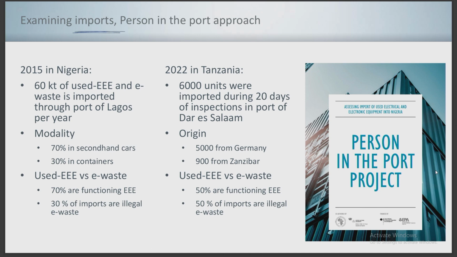It was impossible to test the goods from Germany. It was like big ships, and they didn't let us in to functionality test this. So we don't know. However, from the 900 items coming from Zanzibar in small ships, 50% were functioning and 50% were not functioning, were e-waste.